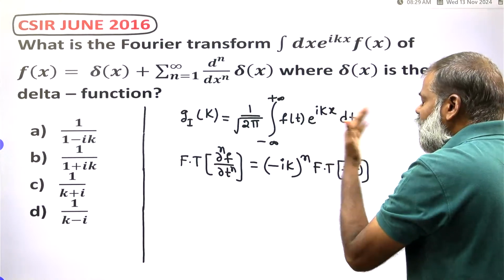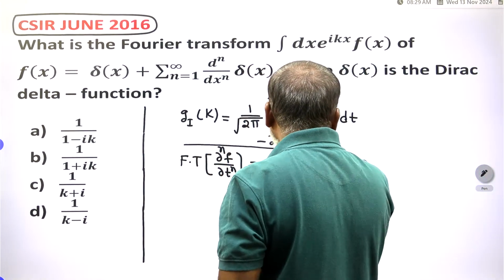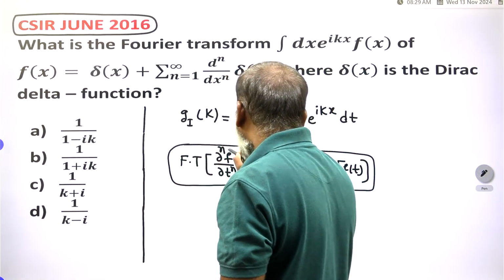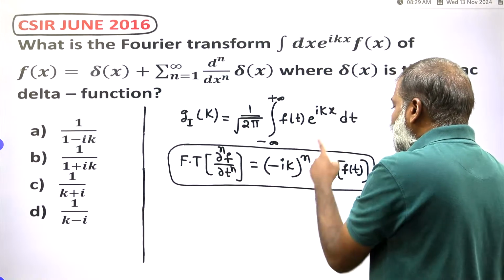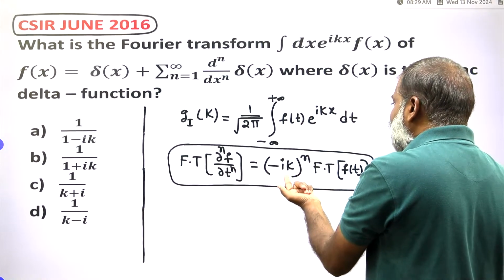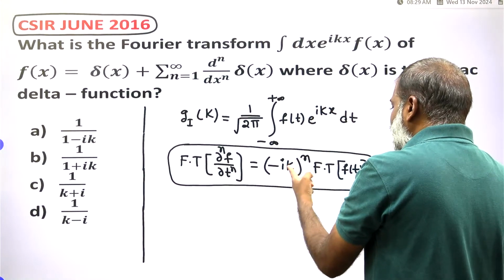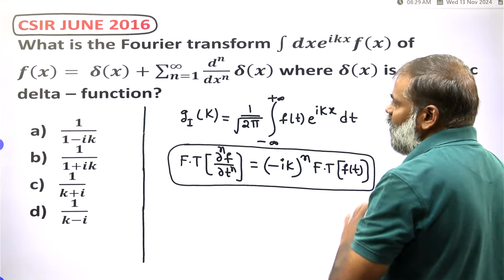From this formula, I write one principle: the Fourier transform of the nth derivative of that function is equal to minus ik to the power n times the Fourier transform of f of t. Here the sign depends on the convention: minus becomes plus and plus becomes minus.